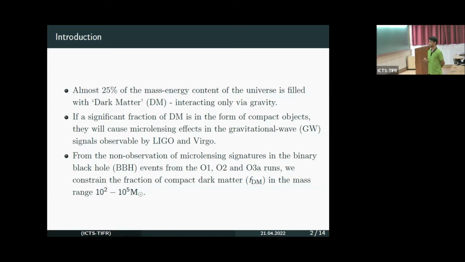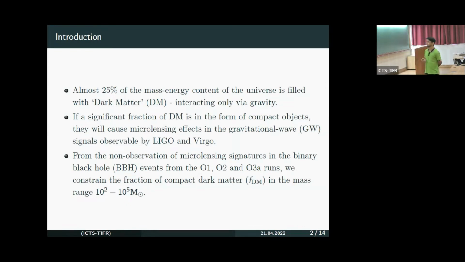I'll talk about this later, in the gravitational wave signals, which are potentially observable by LIGO and Virgo. And from the non-observation of microlensing signatures in the binary black hole events from the O1, O2, and O3A runs, we constrain the fraction of compact dark matter, which we denote as FDM, in the mass range 100 to 100,000 solar mass.